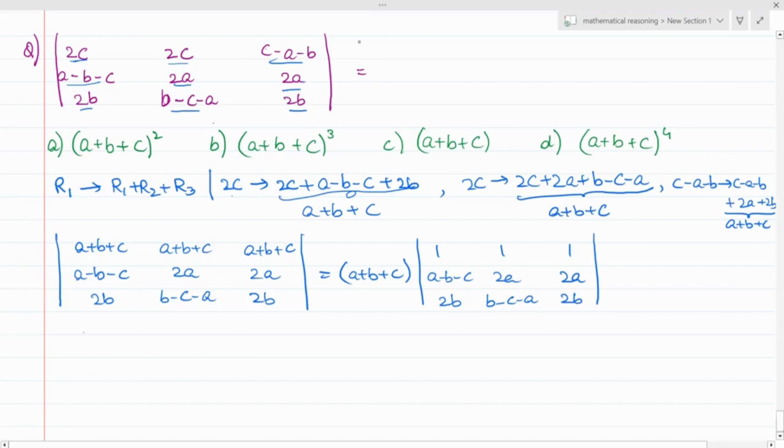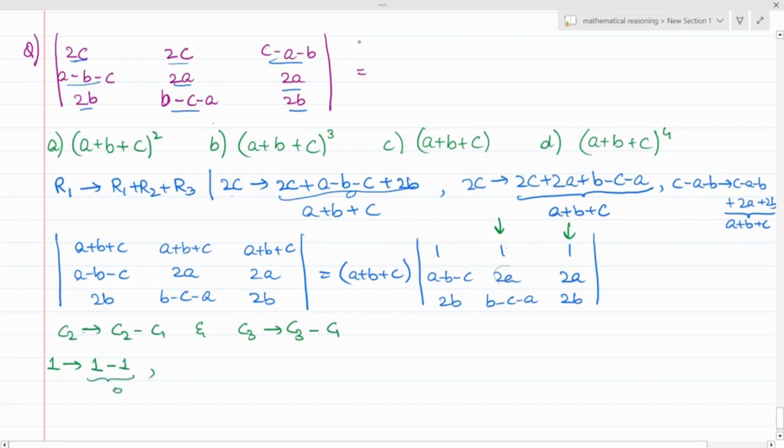Here we can do C2 changes to C2 minus C1 and C3 changes to C3 minus C1. Why this? Let's see. C2 is this column, C3 is this. So C2, here the 1 changes to 1 minus 1, since C1 is this, so it's nothing but 0.